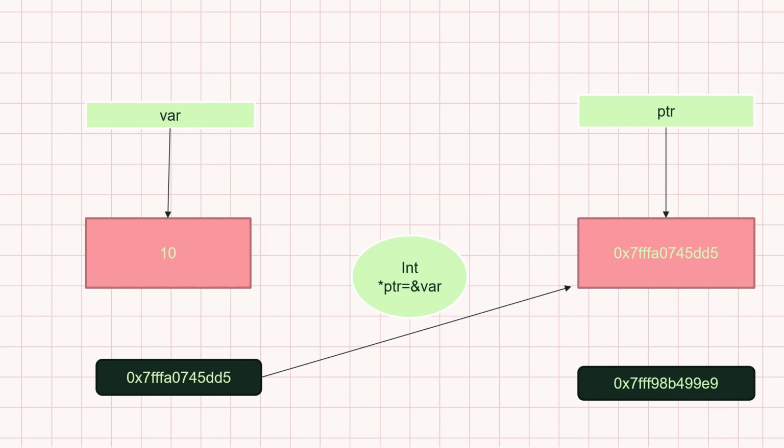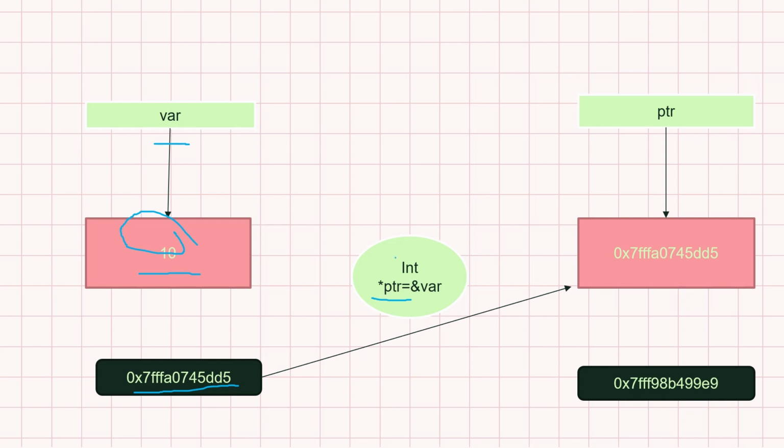So this is how we implement the pointer in our program. Let's say we have a variable named var, and it contains the int value 10, and this is the address of the var variable.